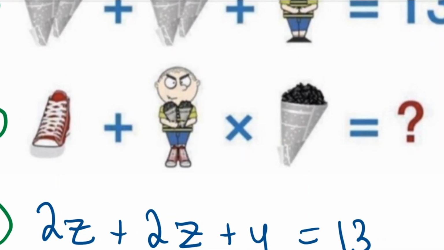We've got a boy that has 2 shoes on and has 2 cones. Let's reorder this in alphabetical order just so it's a little cleaner. So we've got 2x, or my 2 shoes, plus my 1 boy, plus my 2 cones.